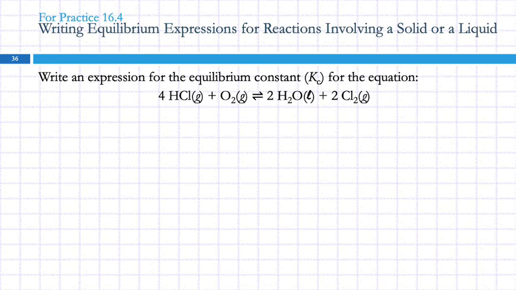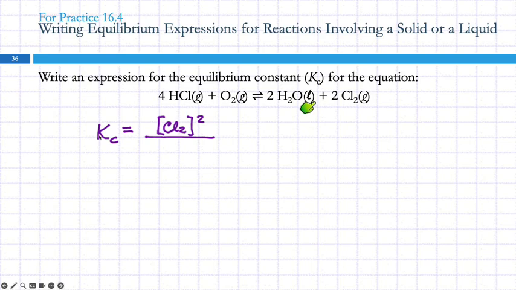Let's do this one. Write an expression for the equilibrium constant for this equation. Remember to choose the pen before you start writing. Kc equals, what's going to be in the numerator? Chlorine squared. The concentration of chlorine squared, because it has a coefficient of 2. Why don't we have water up there?